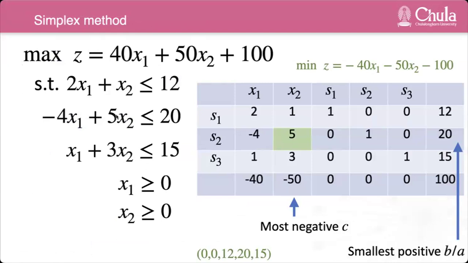But for the constraint, we need a canonical form, where the constant at the right-hand side must be non-negative, sorry, not strictly positive, non-negative. It can be zero, of course. And the relationship must be lesser than or equal, very strict form for the simplex method.